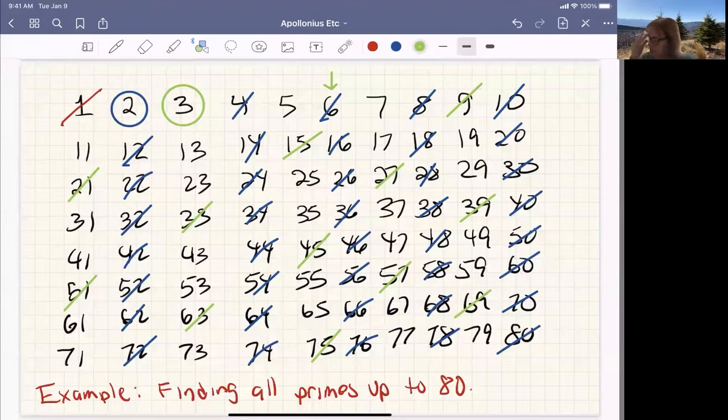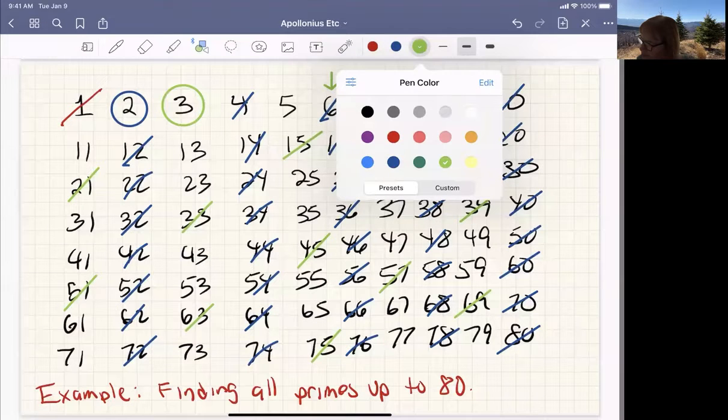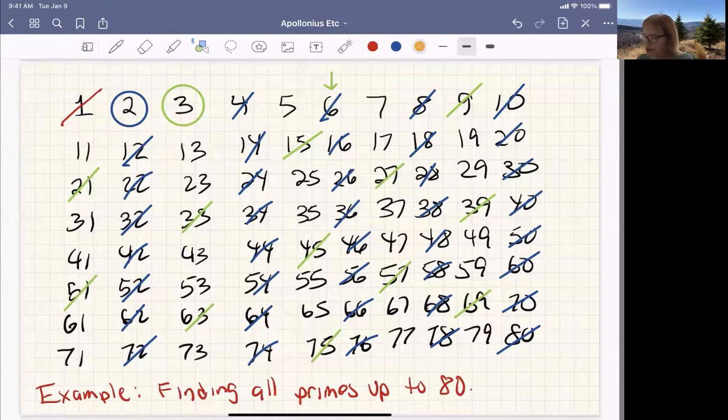Okay, now I look to see what is the next number that has not been crossed off, and that's a 5. Therefore, 5 must be a prime number. So I need to now cross off all multiples of 5 by just counting up by 5. If a number's already been crossed off, I'm going to ignore it.